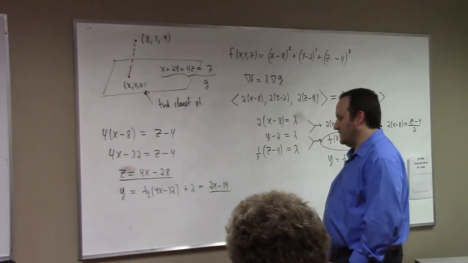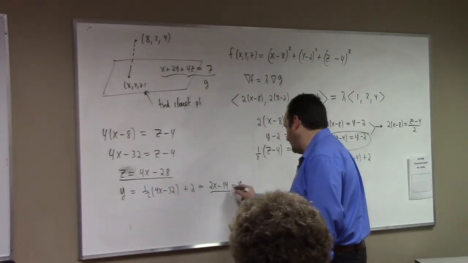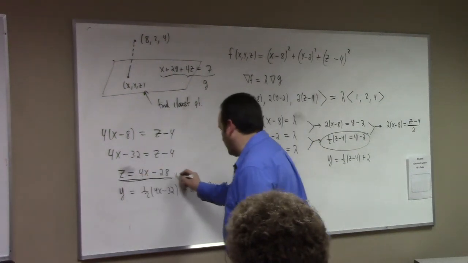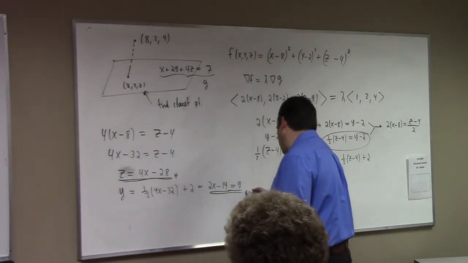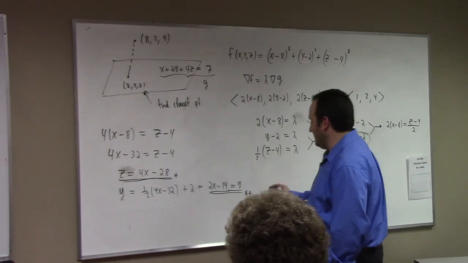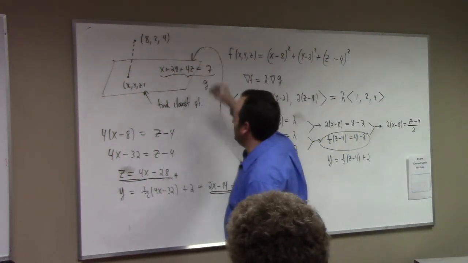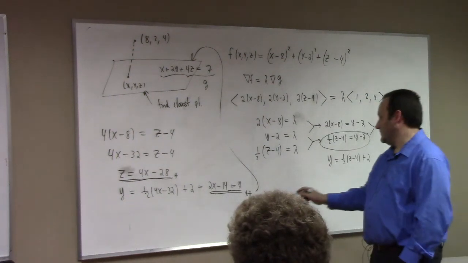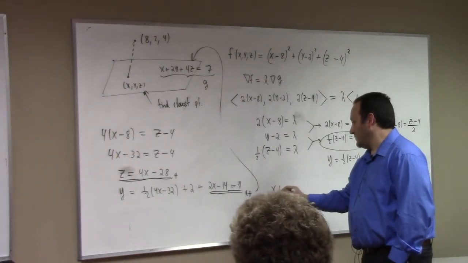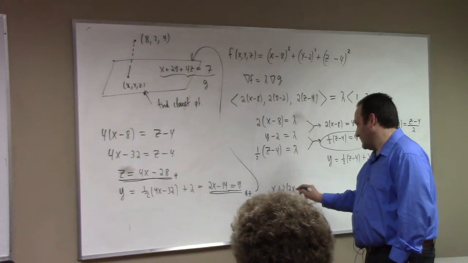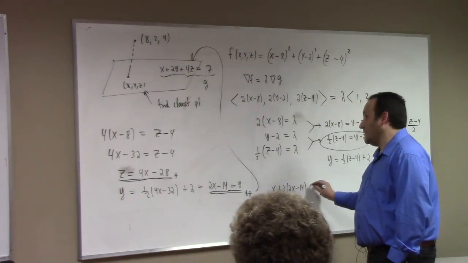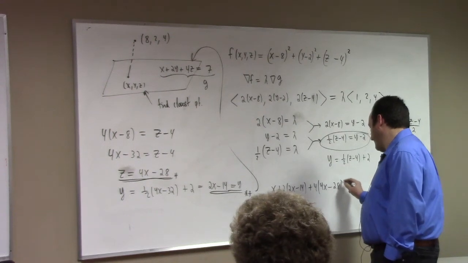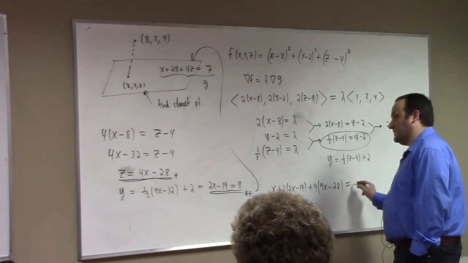So then we've got y, we've got z. You take this star, this star star, and put them both up into here, and then you've got an equation just for x. So it gives us x plus 2 times 2x minus 14, plus 4 times z, which was 4x minus 28, equals 7.